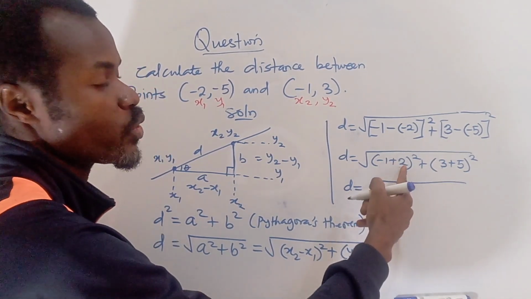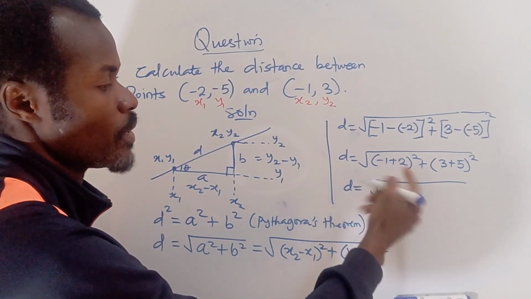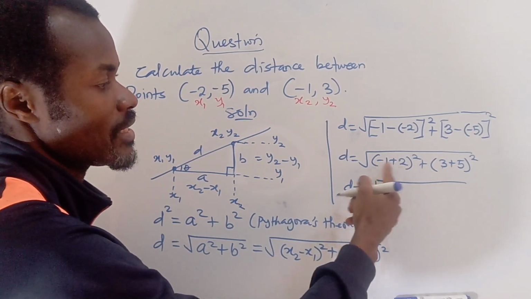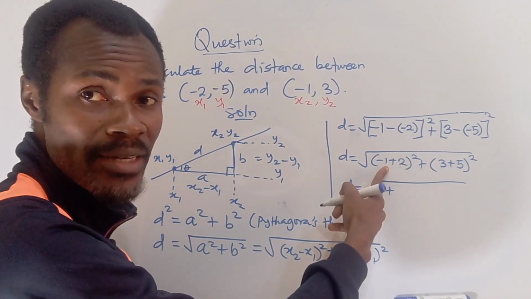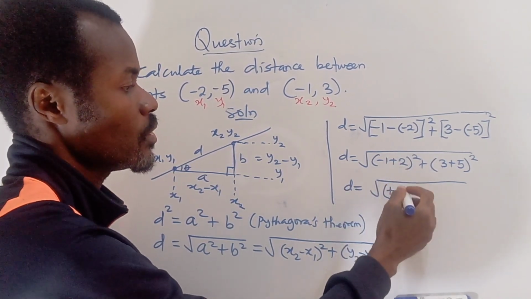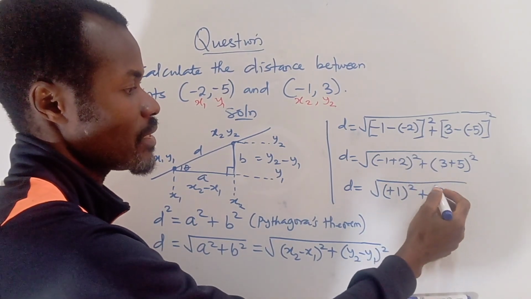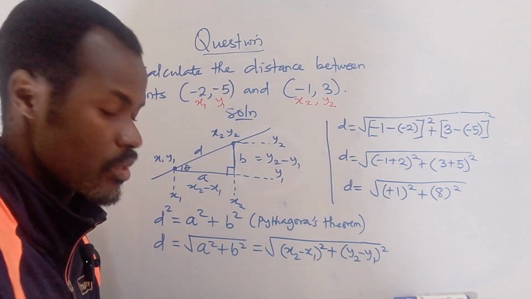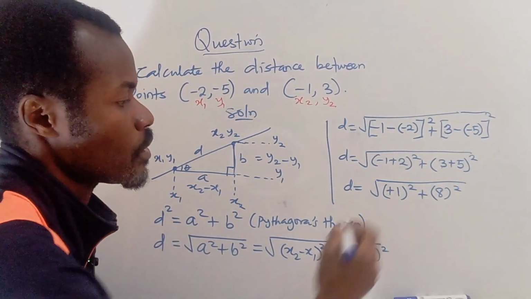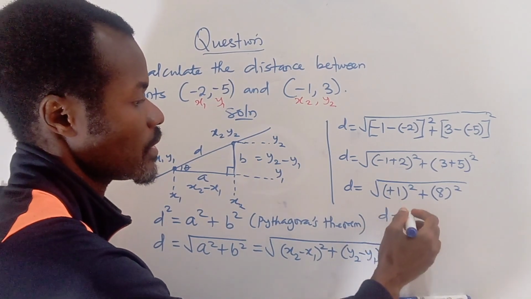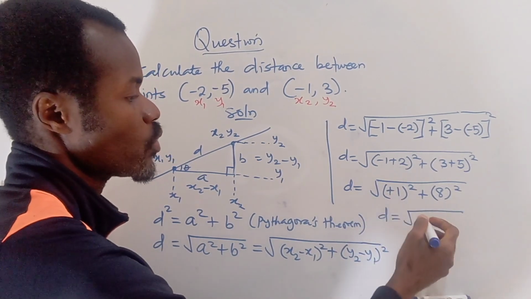Now minus 1 plus 2, since the signs are not the same, we say 2 minus 1, which is 1. So we have 1 squared plus 3 plus 5 is 8, so 8 squared.